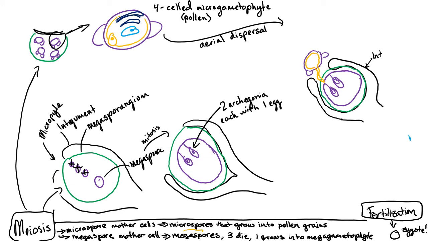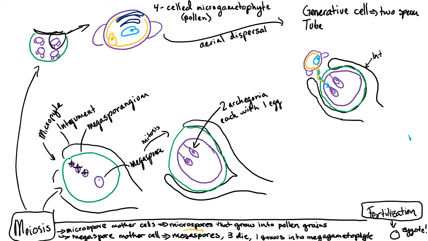That's its whole job. And the generative cell divides by mitosis to make 2 sperm. Those are going to fertilize, or one of them will fertilize one of these archegonia. So we get 2 sperm. And these are deposited in the archegonia by the tube cell nucleus.